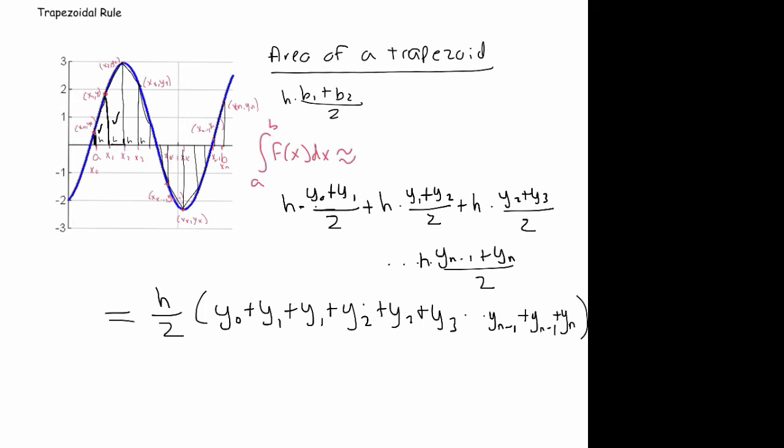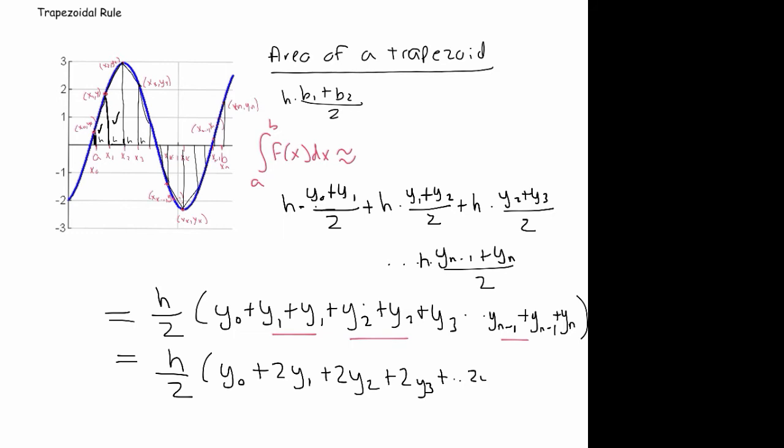The reason I doubled that y sub n minus 1 is because you probably noticed that all those middle guys are doubled. So that'll include the y sub n minus 1. And so now you can group those and say, well, this means that I can write it as h over 2 times y sub 0 plus 2 y1s plus 2 y2s plus 2 y3s plus 2 y sub n minus 1s plus 1 y sub n.